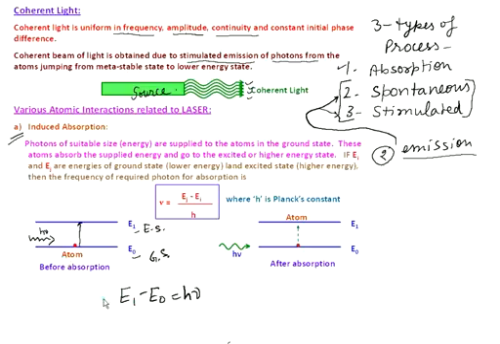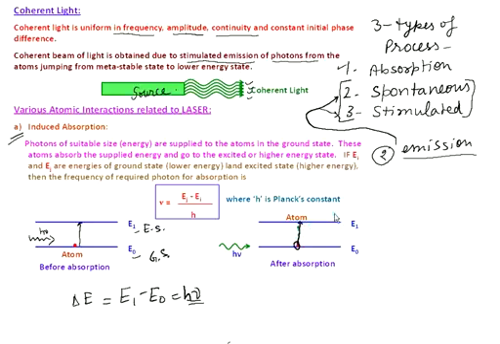E1 minus E0, that is delta E, is equal to h nu. Only then can this atom go into the excited state. You can understand that absorption is a process in which a photon of suitable frequency is absorbed by the atom, and as a result the atom goes into the excited state.